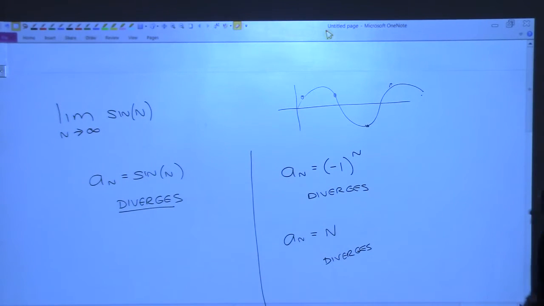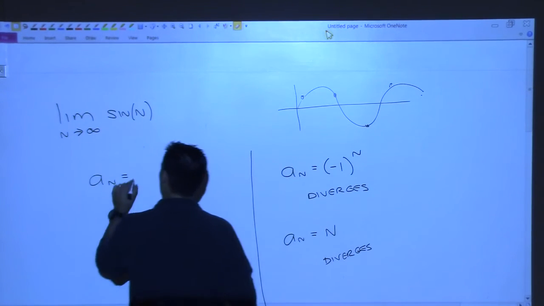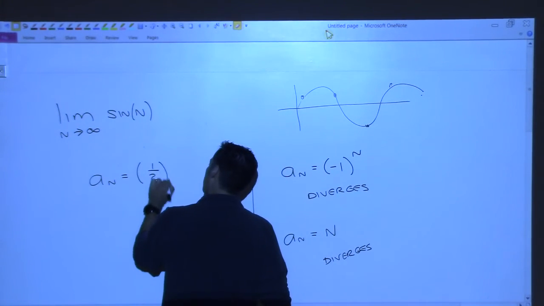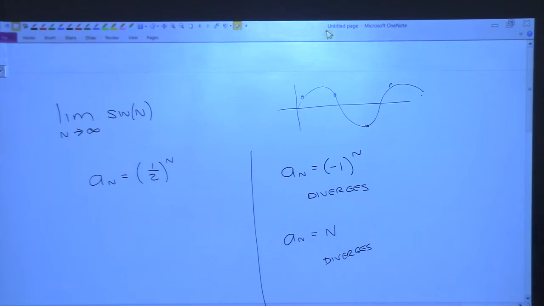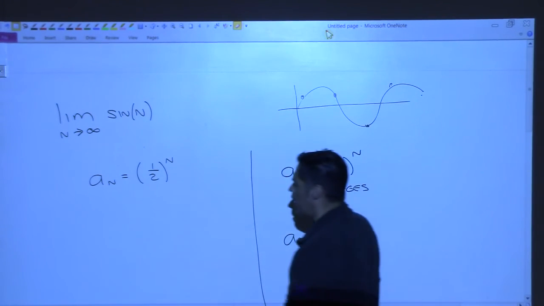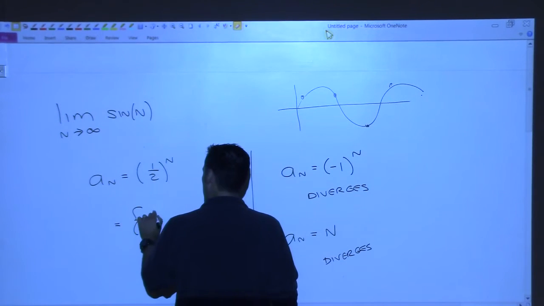How about this one? One half to the n. Does that converge or diverge? If you have trouble, write out the sequence. Plug in 1, you get 1/2.